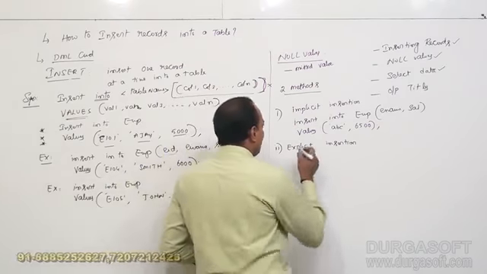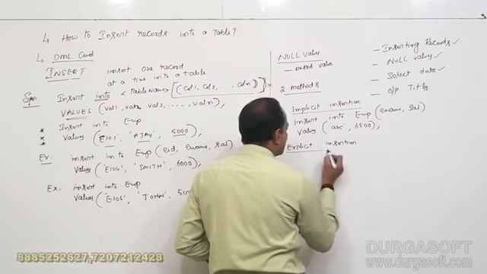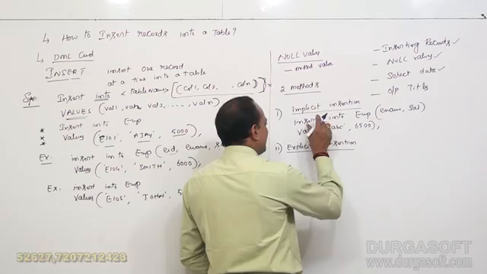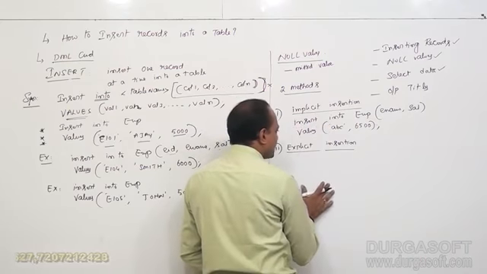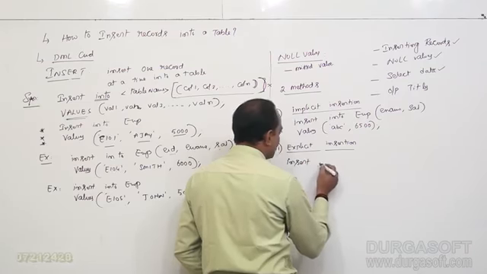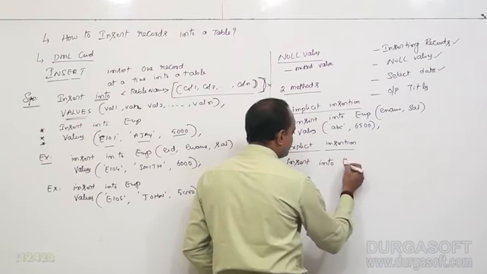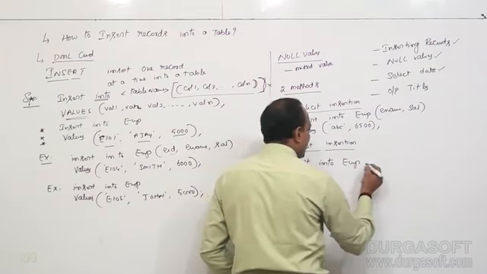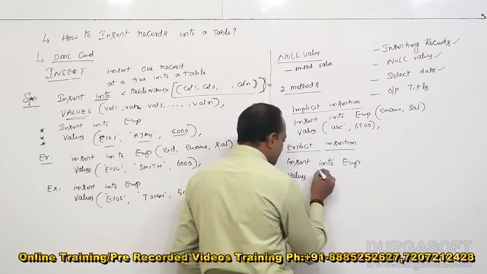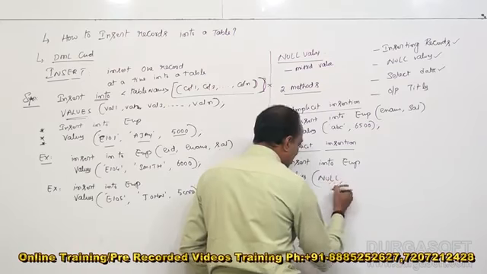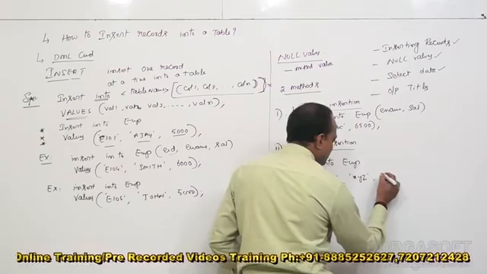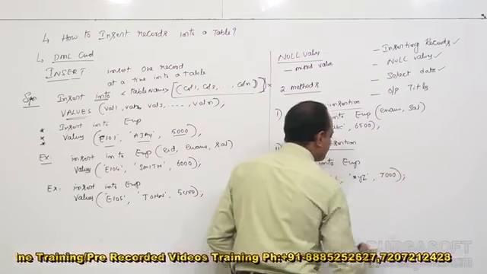And then, see, the next one, explicit insertion. What is explicit insertion? In the insert statement, you have to use the null keyword. See, insert into EMP. I am not writing any column names. At the place of the missed value, just use the null keyword. Null, here employee name is XYZ and salary is 7,000.